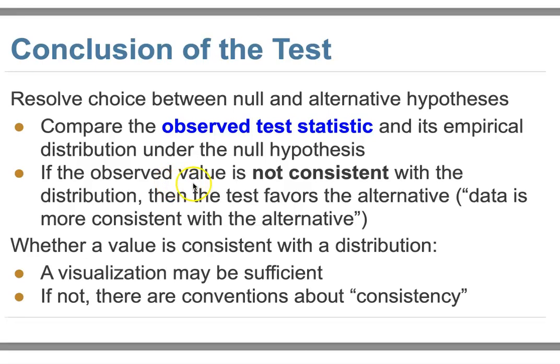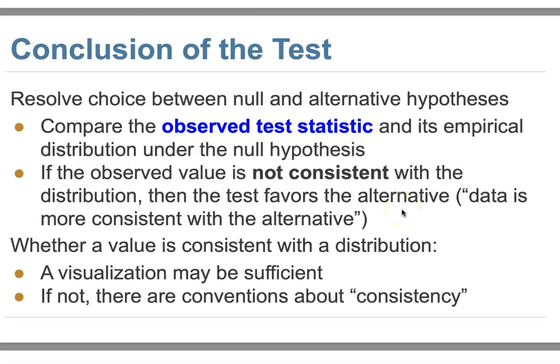If the observed value is not consistent with the distribution, very far away from our simulation result, so that your observed data is not covered by our empirical distribution, then the test will favor the alternative. That means the data is more consistent with the alternative.